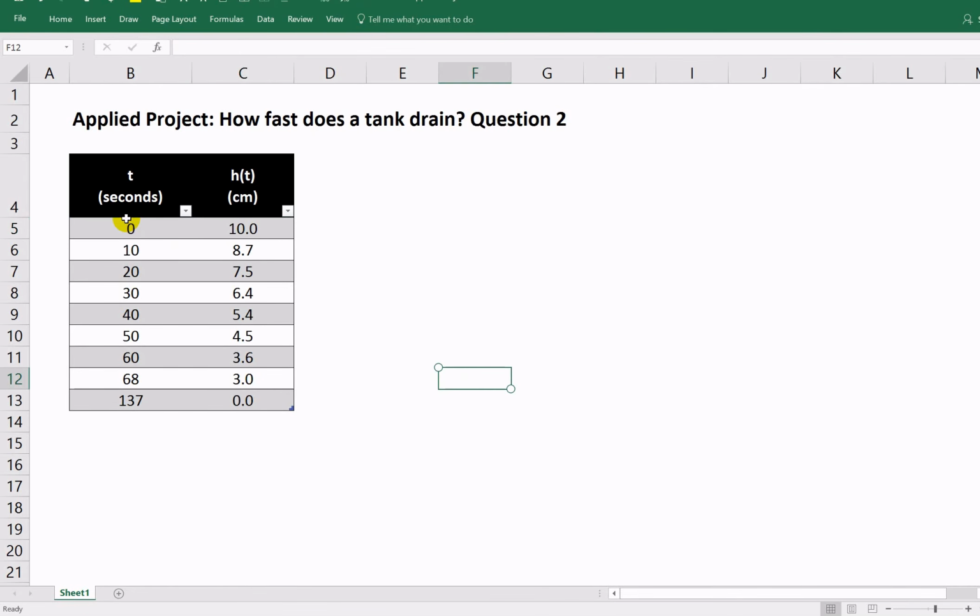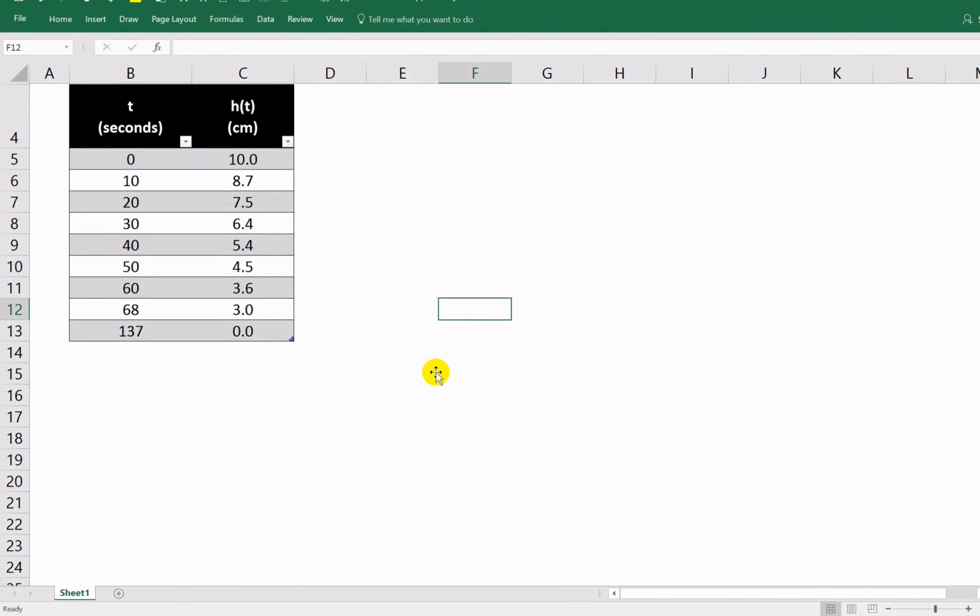When you have 0, that's just 10, and then 8.7 for 10 seconds. So the height's going down, and after 60 seconds it goes to 3.6. Then I put the other one, which is 68, so it had to be 3, just to make sure our formula is correct. Then I also wanted to see how long it would take before it completely drains. That was about 130 seconds.